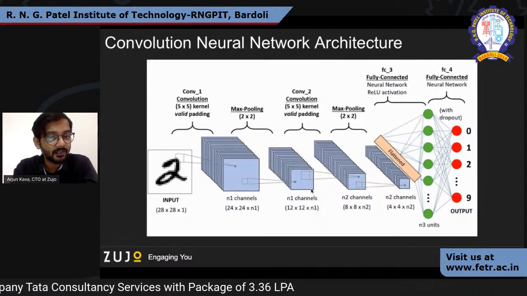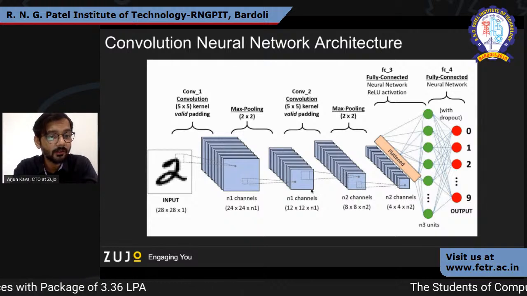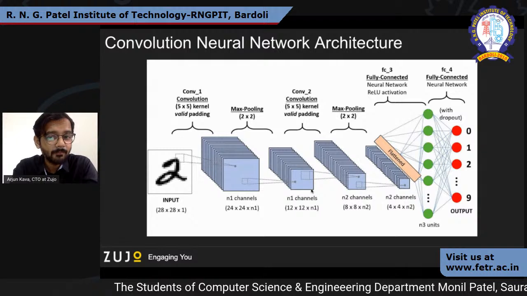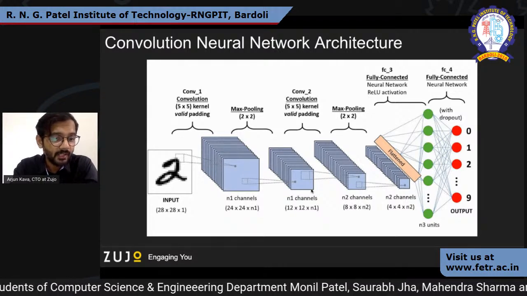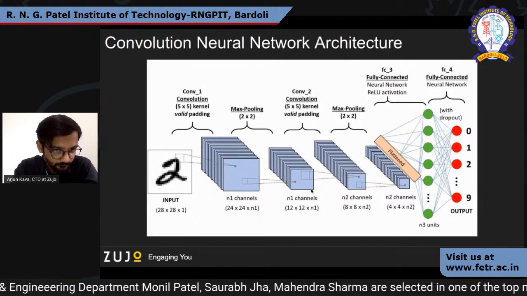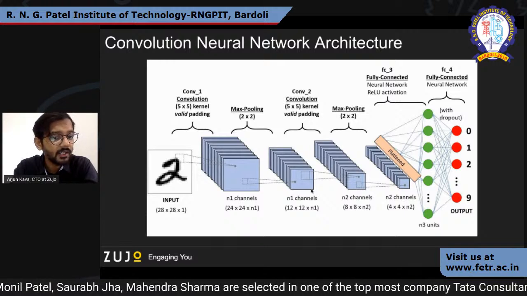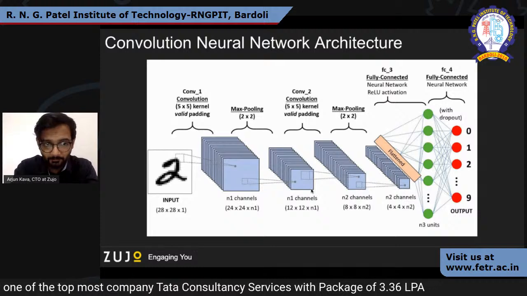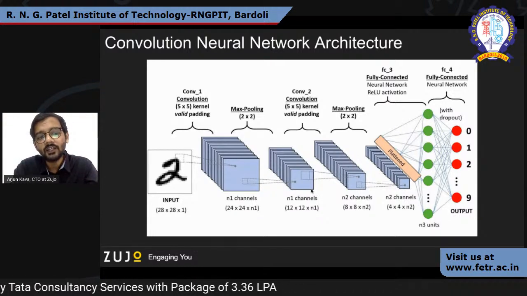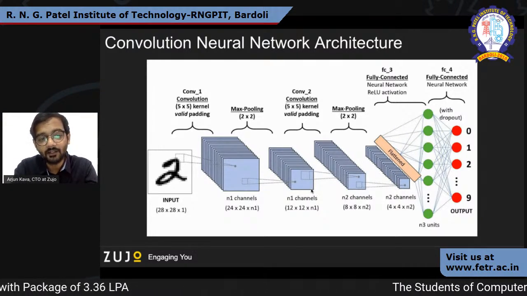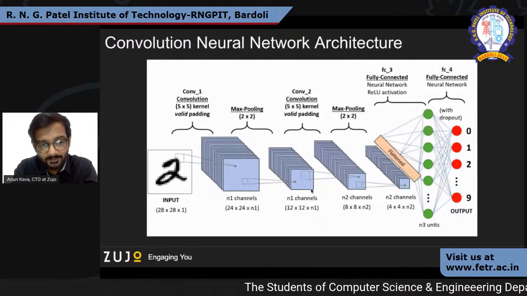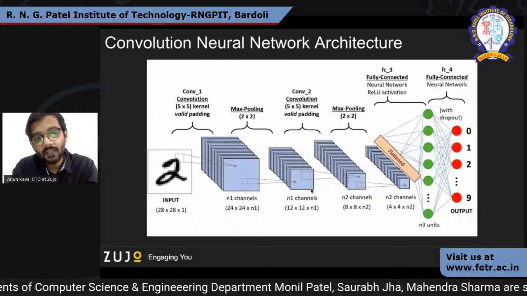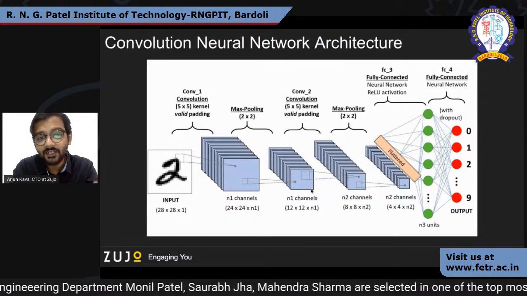So let's take an example, as we ran through one program yesterday. You might have seen that was the data set of numbers, 0 to 9. It was the MNIST data set, and the same image of that MNIST data set we have used over here, which is 28 by 28 into 1. Now let's understand the input part first. Here, 28 into 1 means the image of 28 by 28 pixels, and the third part is the channel of the image.